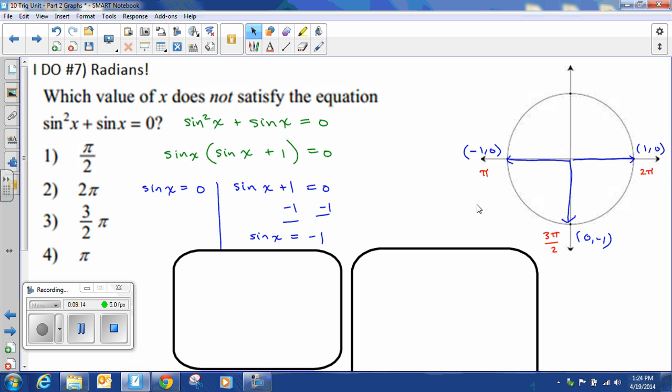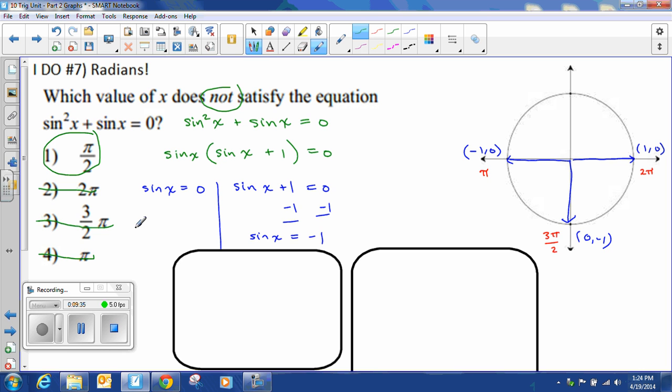Sine is equal to 0 here at 0 and pi. Now remember, 0 is synonymous with 2 pi. They're coterminal. So we can eliminate this one, and this one, because remember, they're asking for which ones do not satisfy. So the answer is 1 pi over 2 radians.